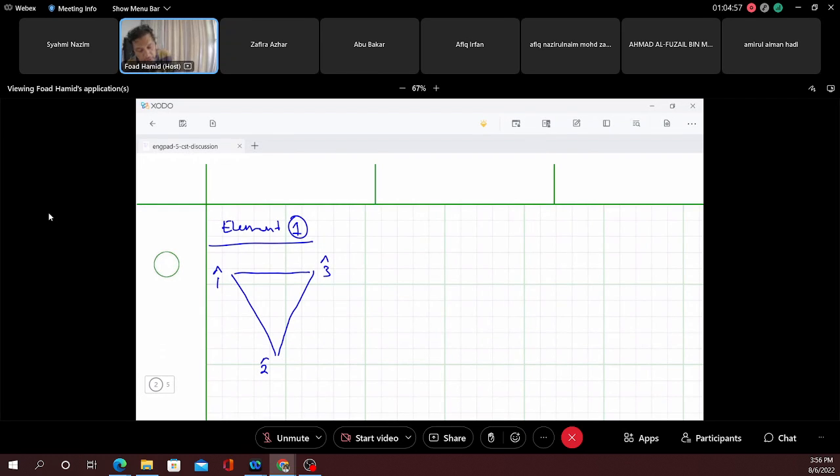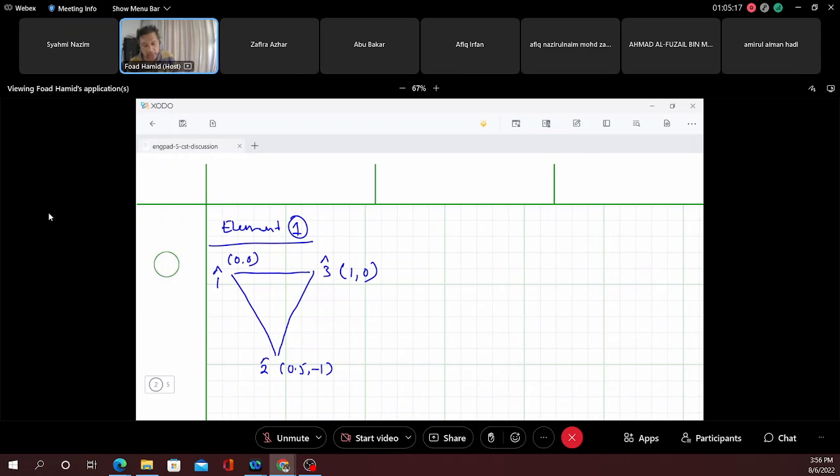So the coordinate is 0 and 0. And then this is, of course, you can calculate this. 0.5, minus 1. And node number 3 is 1 and 0. I think if you look at the question paper, you can straight away find the coordinates.